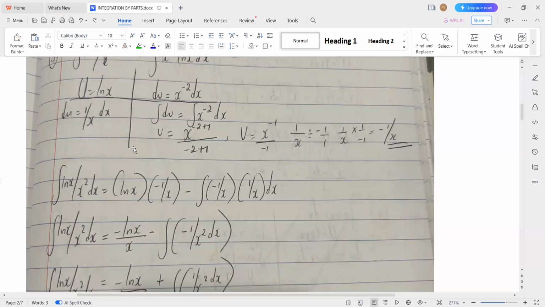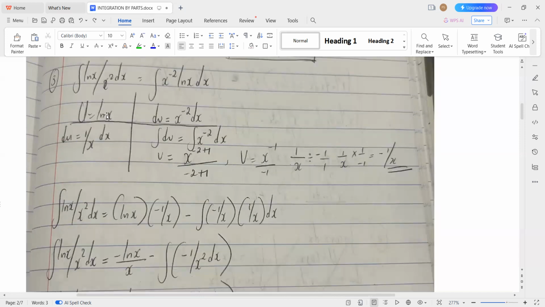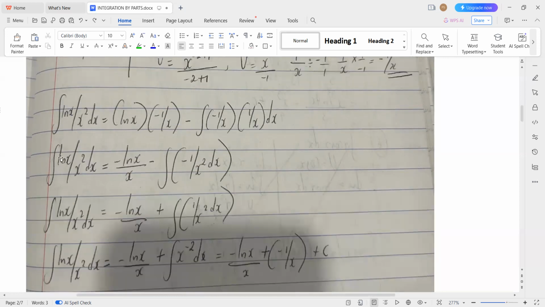So we move on to say uv is natural log of x times v, minus 1 over x, which is this, minus integral of v, minus 1 over x, times du, 1 over x dx, which is this. So we have minus natural log of x over x minus integral of minus 1 over x squared dx.